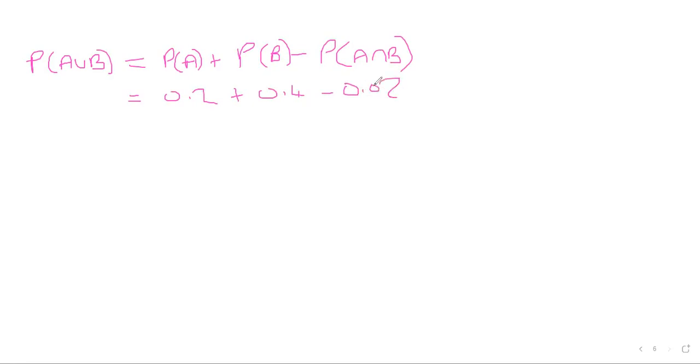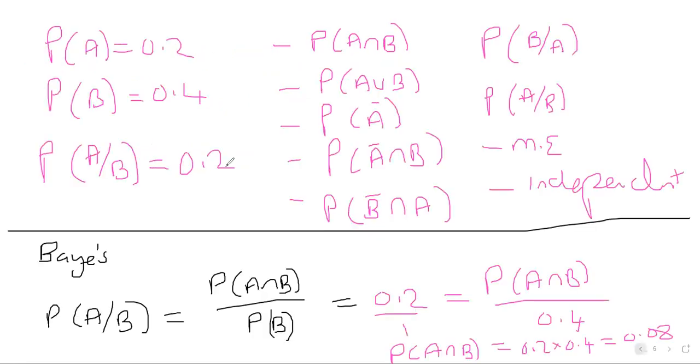If you get the intersection wrong, it simply means you are getting the union set wrong. So when you add 0.2 plus 0.4 is 0.6, minus 0.08, we get 0.52. So we're using what has been given: A 0.2, B 0.4, then the intersection is just what we calculated there. Are we following? Are we together? Yes, sir.